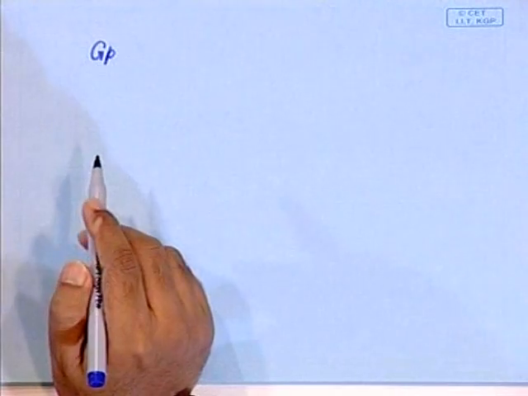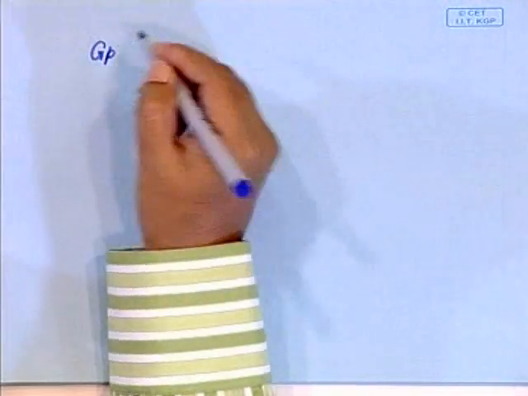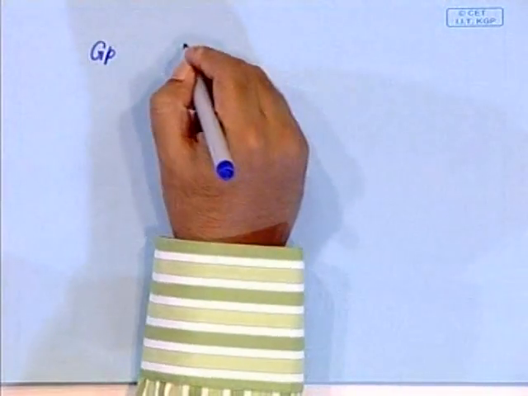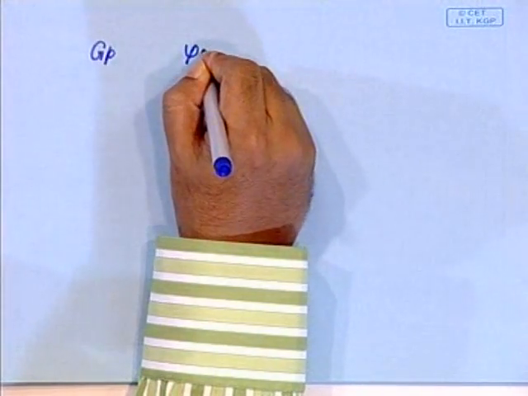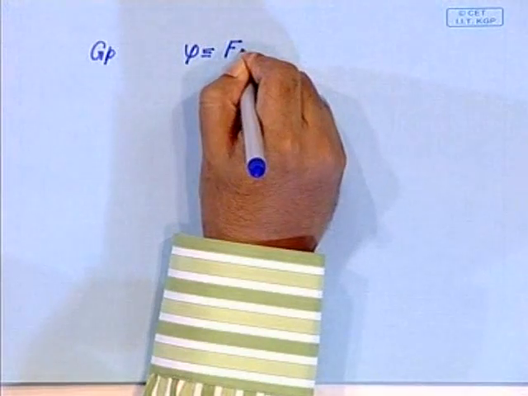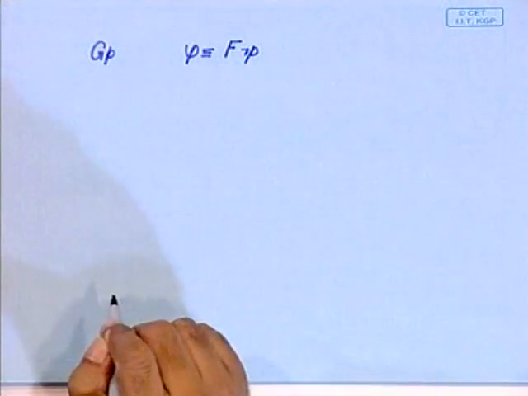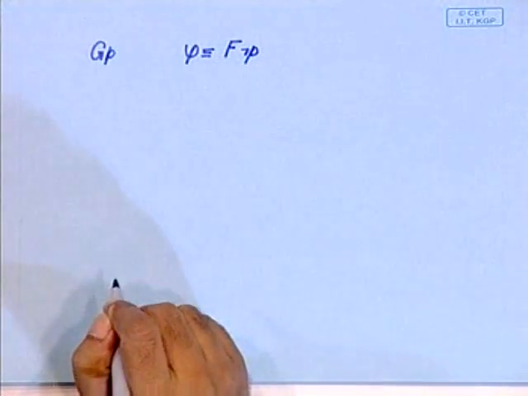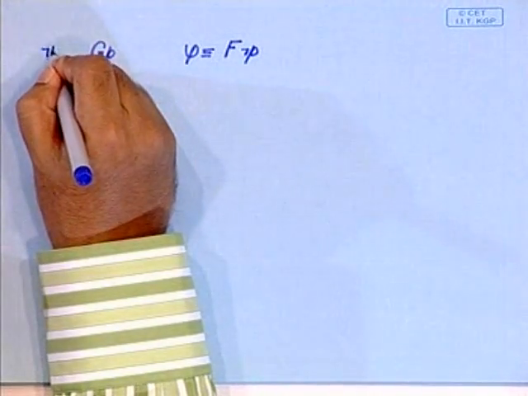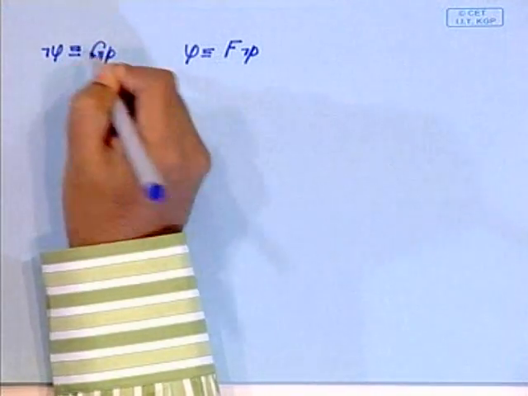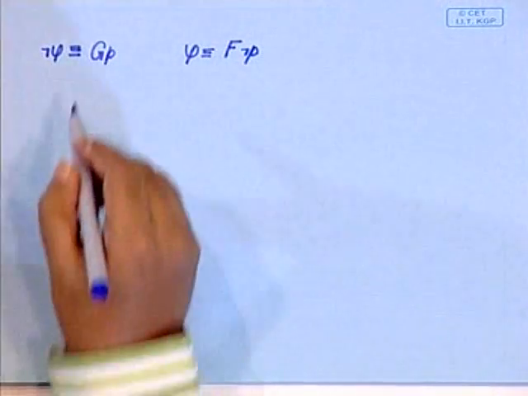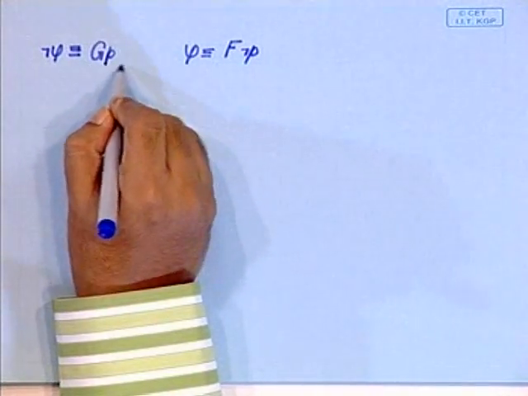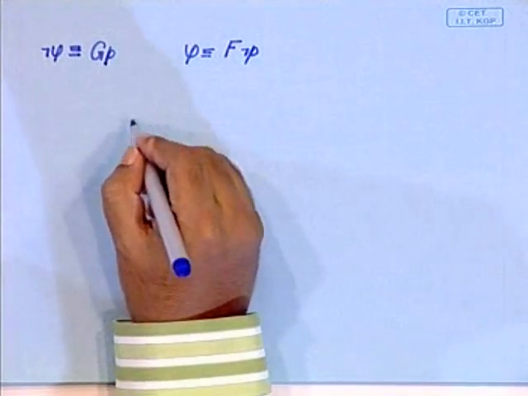In other words, let us say that we are looking at a problem where the property that we want to prove is F of not p. Then the negation of that property will be this. Now to find out whether there is a witness for this, this is what we are going to do.